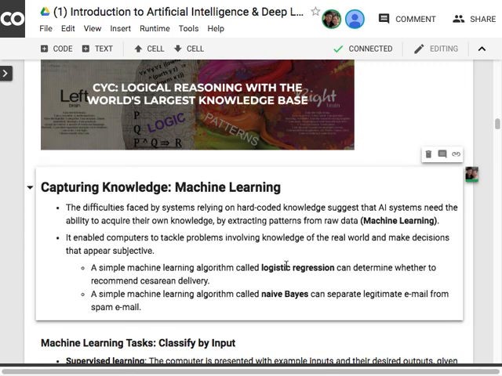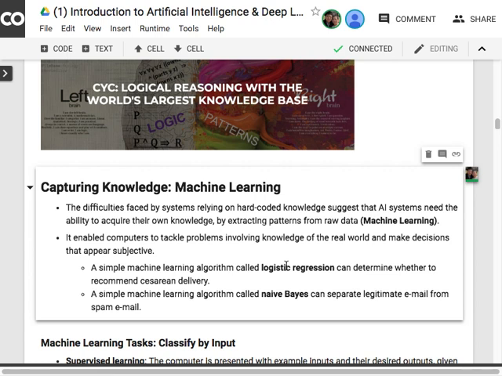Okay, so another person said that since humans trying to create rules in the system is not working well, why don't we use the system to capture the knowledge by itself?